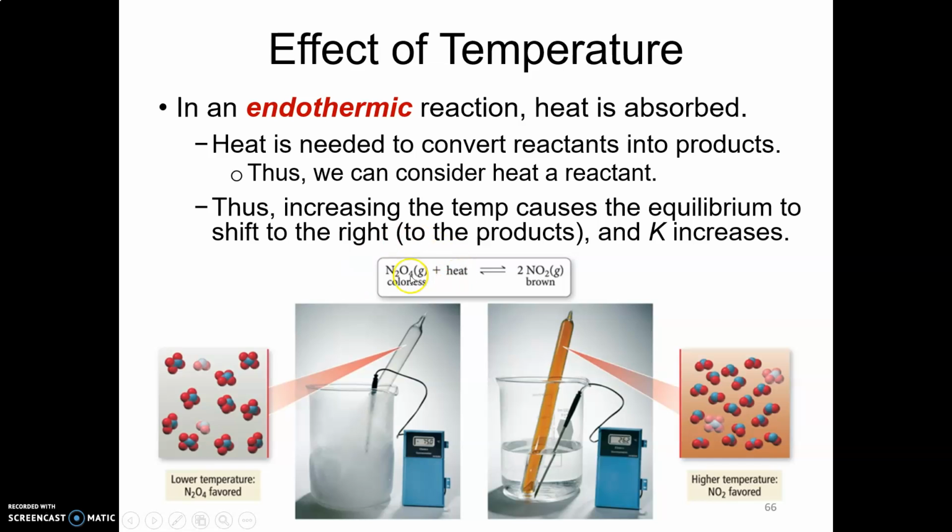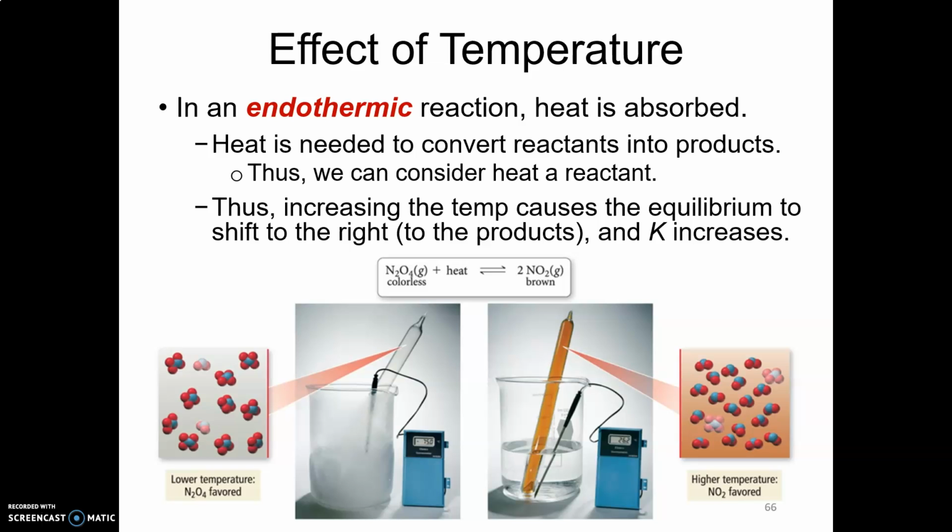And here's some picture examples. In this reaction of N2O4 to NO2, this is an endothermic reaction. How do we know that? Because heat is a reactant. Or what's another way we could say that something's endothermic? Positive delta H also corresponds to something that's endothermic.